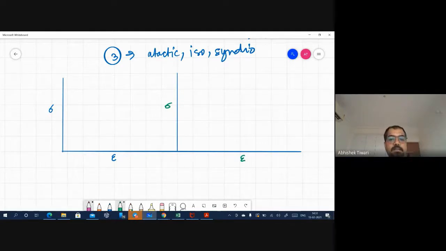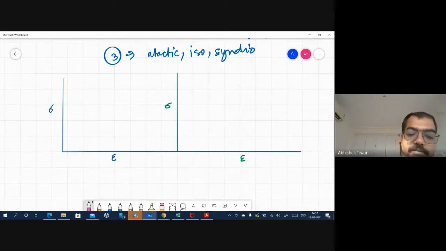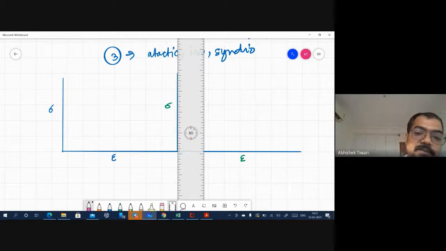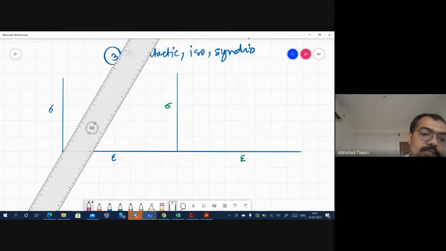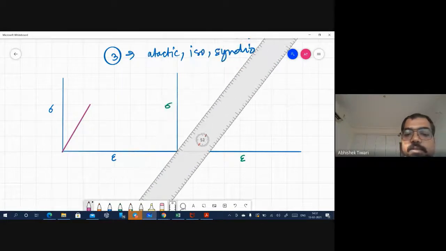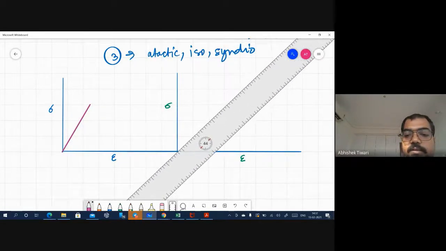So in metallic materials, what happens is that we have the linear elastic part, and the linear elastic part is Hooke's law. So that goes like this. And in the polymer also I will have, so I'll just draw it here so that we don't have to bring it.